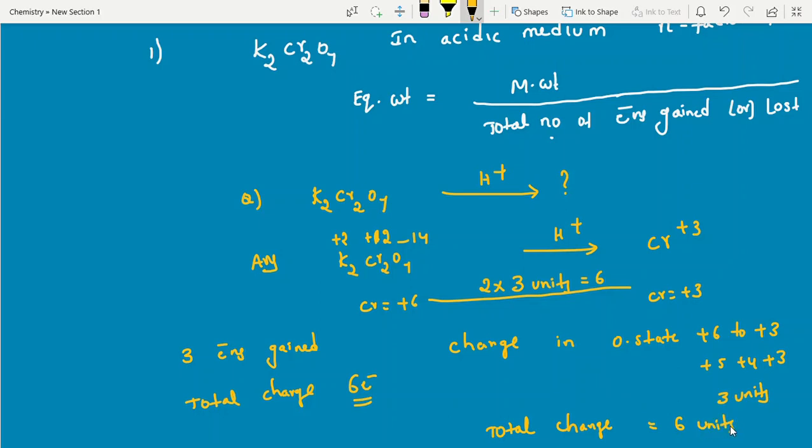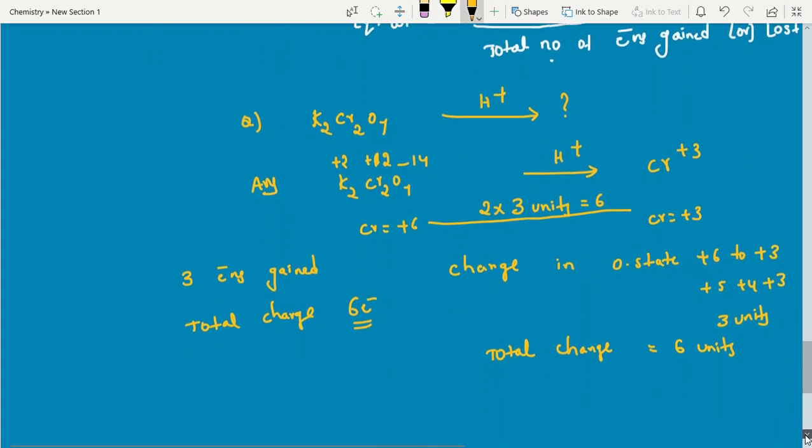Is my point clear, students? First you have to calculate the oxidation state. After that you have to check whether it is balanced or not. Sometimes they give one chromium or one manganese, no problem. But here 2 and there 1, so definitely one side has been given greater, and that number only we have to take. So 2 you have to take. Then you go for the calculation and you will get the answer.